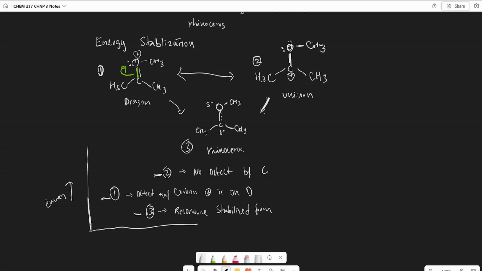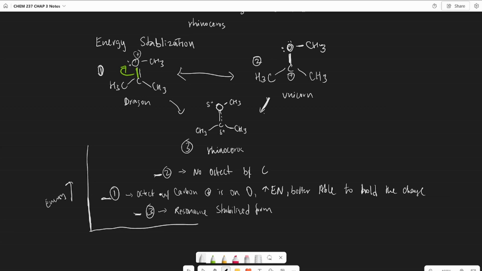And since oxygen is electronegative, it is able to hold this positive charge much better than the carbon. So high electronegativity means it's better able to hold the charge. So that's why 2 is less stable.